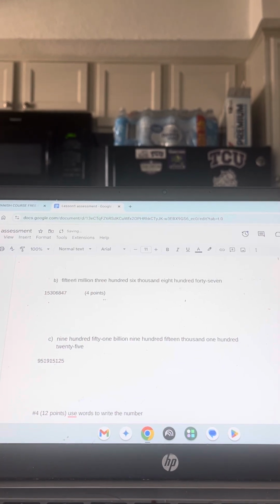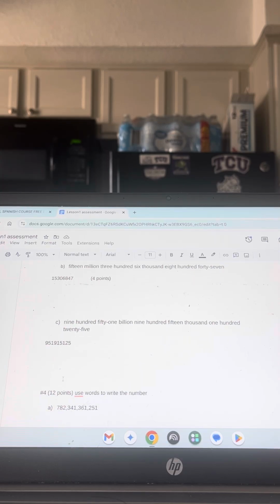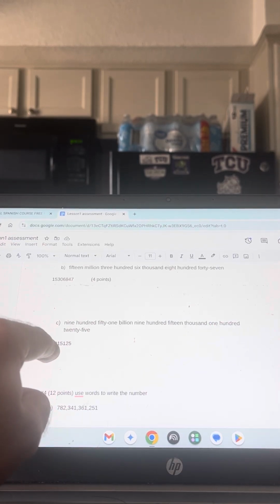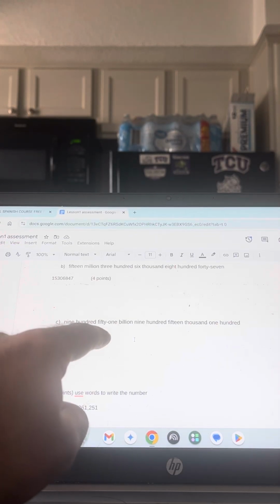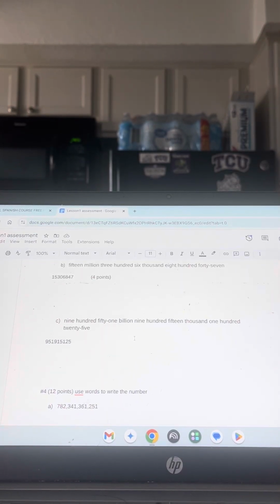Let's look at part C now. 951,915,125. It looks to me like you wrote 951,915,125. But the question told you to write 951,915,125.